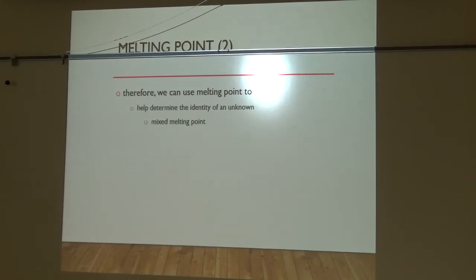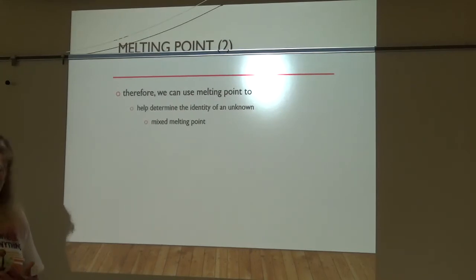By the way, this is usually confirmed by doing what's known as a mixed melting point, where you take equal amounts by mass of the unknown you were working with and the standard, substance A in that case, that we thought it was, mix them together and take a new melting point. If your unknown really is substance A, then nothing's going to happen to the melting point and it should come back exactly like what you've already been working with.